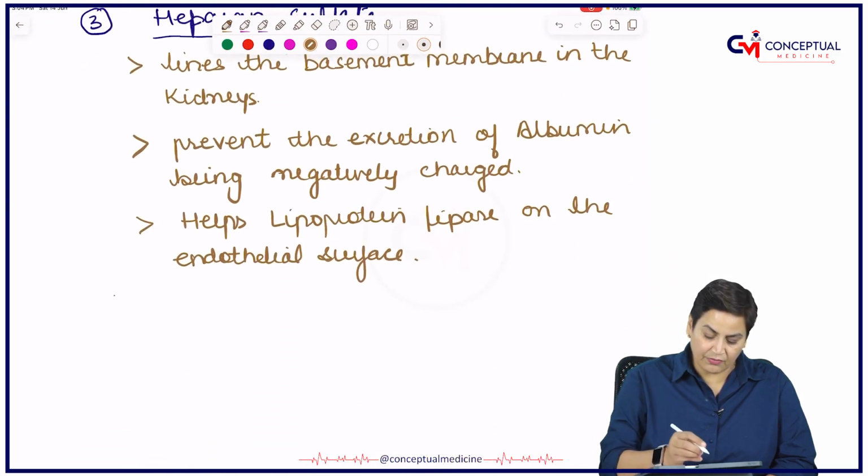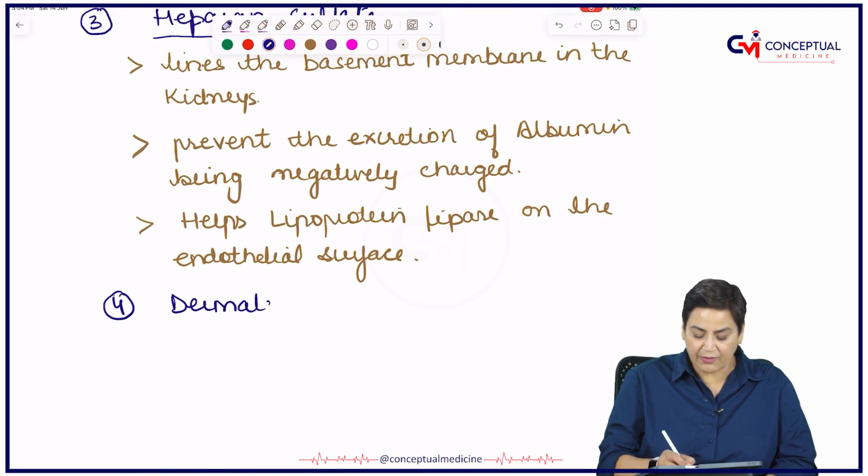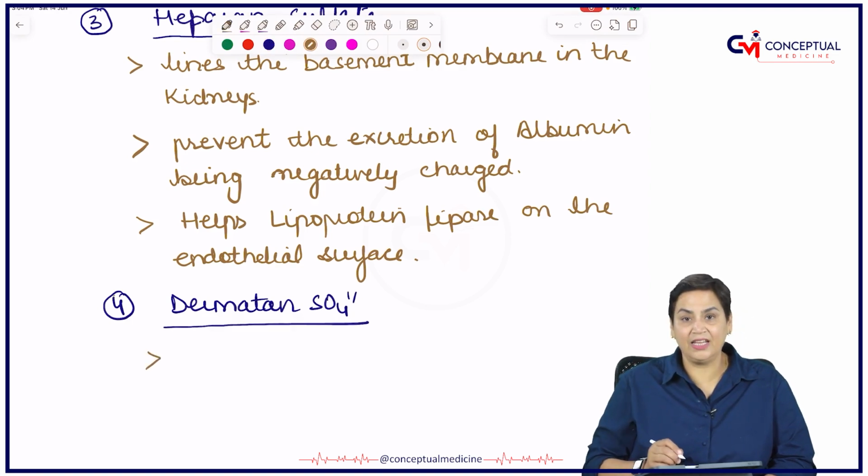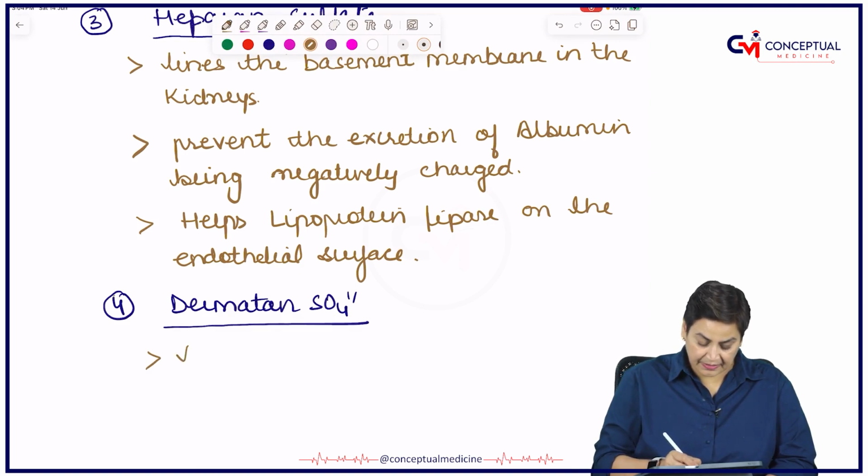And the last one is dermatan sulfate. The most important point to remember is that dermatan sulfate is an atherogenic GAG, the most important one.